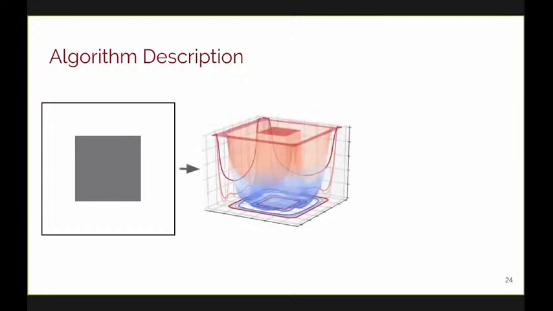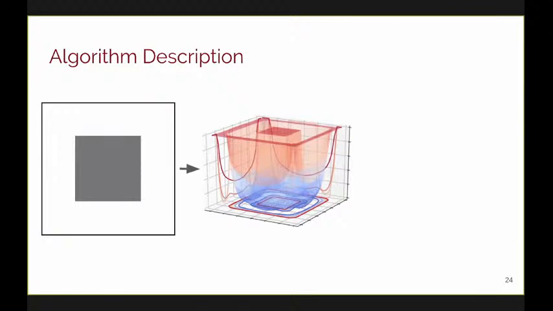I want to give just a brief description of how it works, because I don't think that description alone really satisfies. So if we have, say, a physical environment shown here, a square with a square obstacle in the center, we can generate an artificial potential function on that environment.